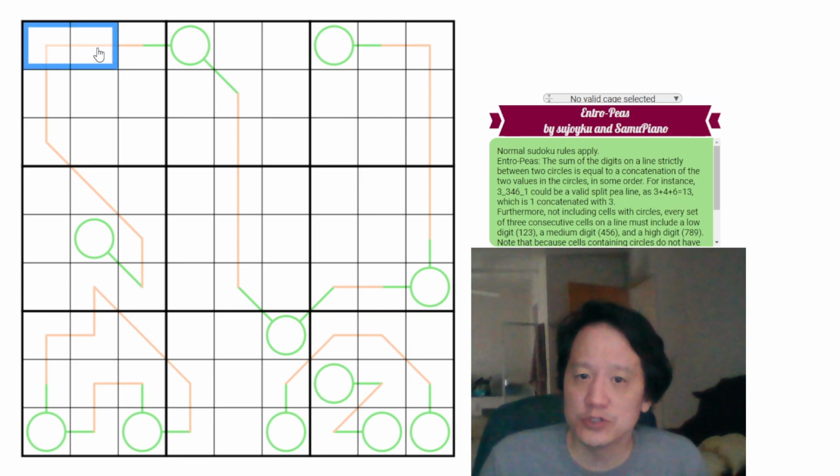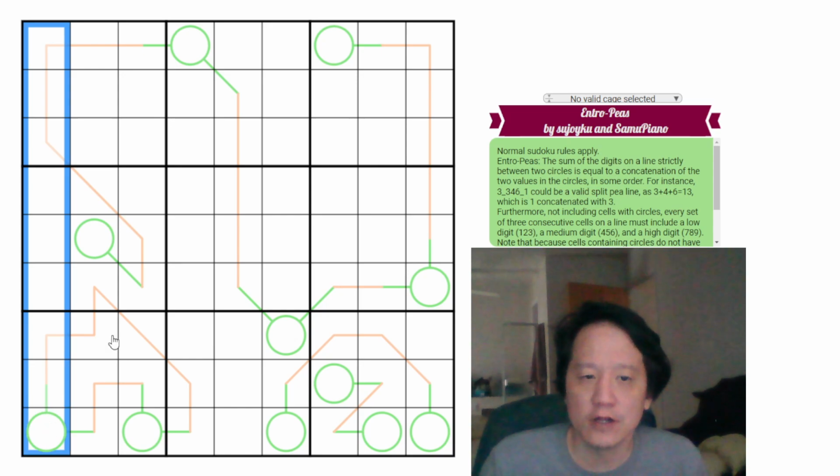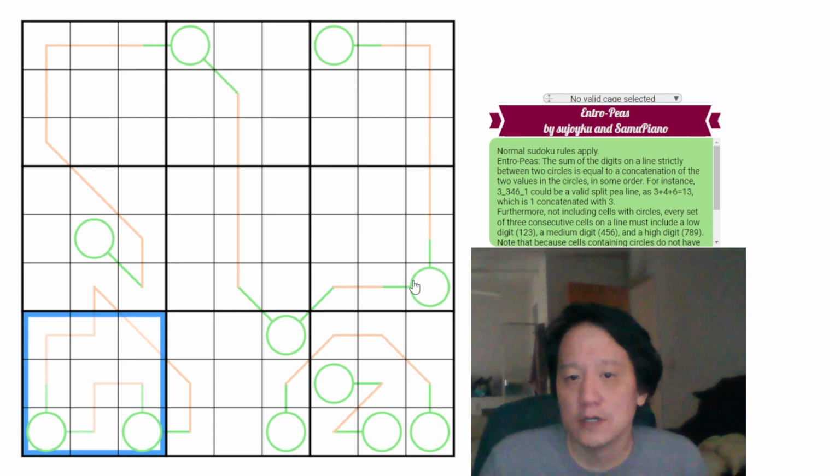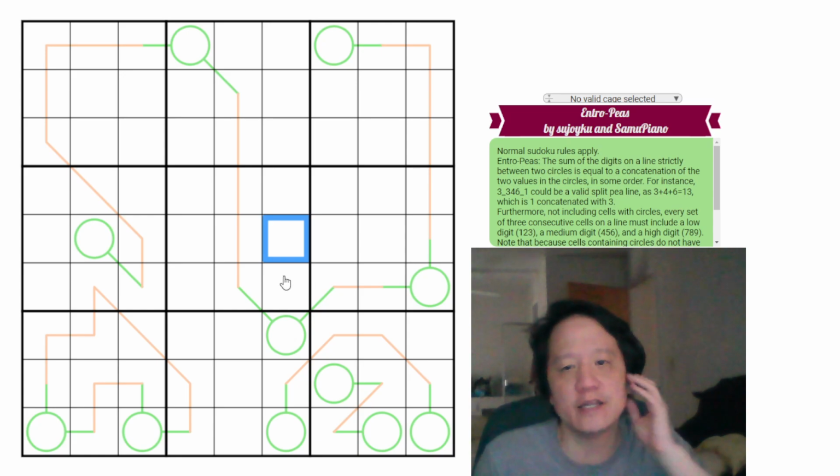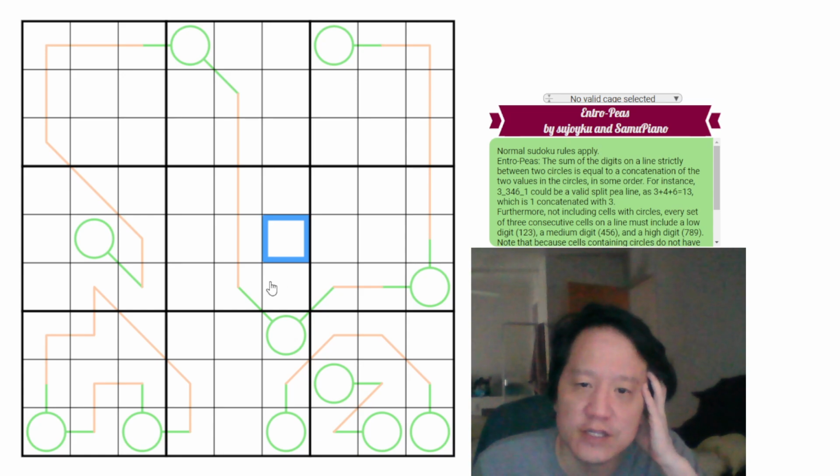Normal Sudoku rules apply, which is place the digits 1 through 9 in every row, every column, and every box. Entro-Peas. The sum of the digits on a line strictly between 2 circles is equal to a concatenation of the 2 values in the circles in some order.